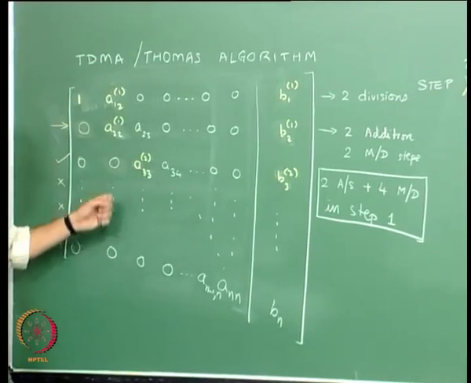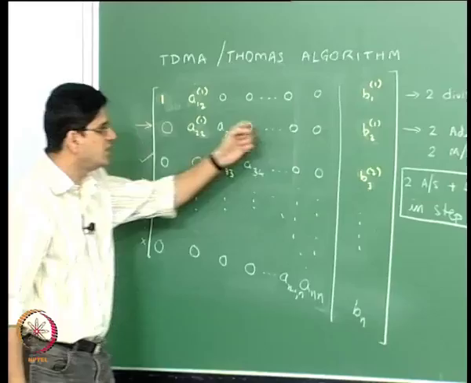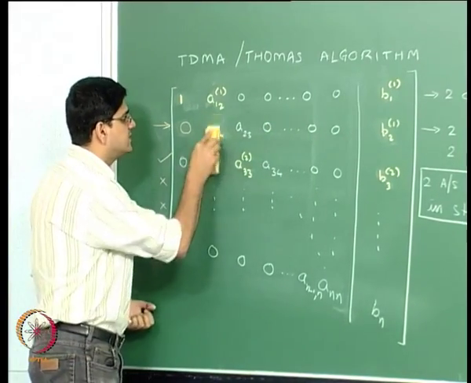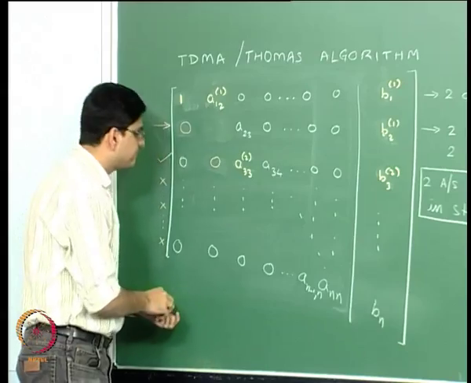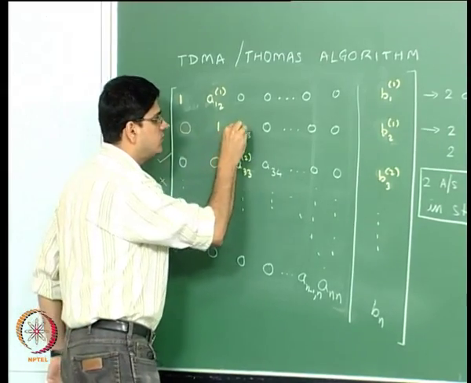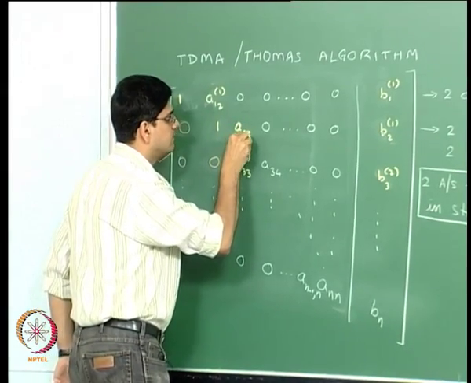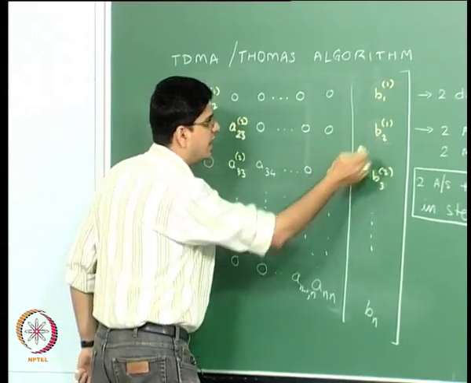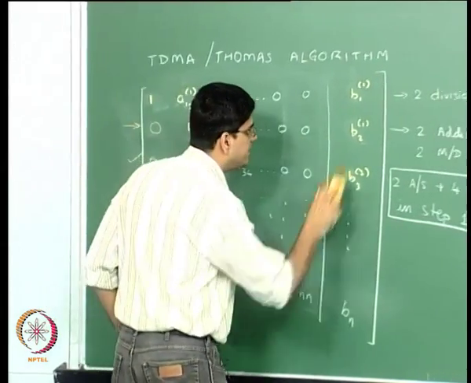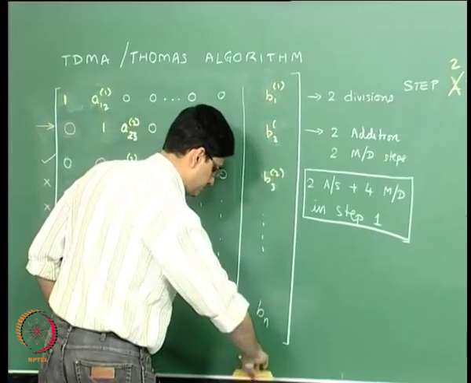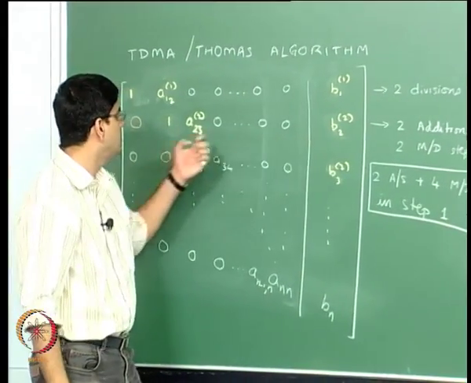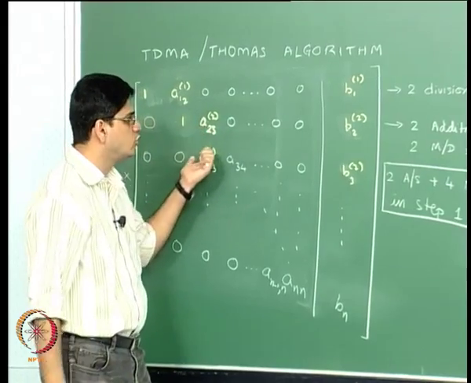This also requires one division step to convert this into 1. By dividing, this gets converted into 1, this gets converted into A232, and this gets converted into B22, where B22 is nothing but B21 divided by A221.